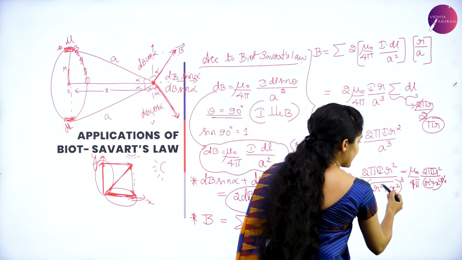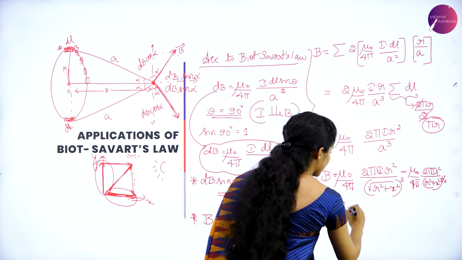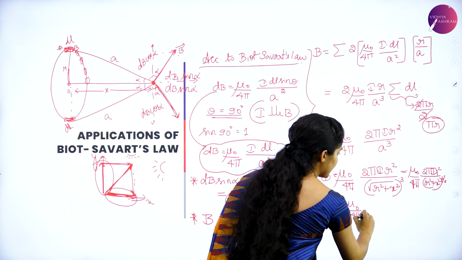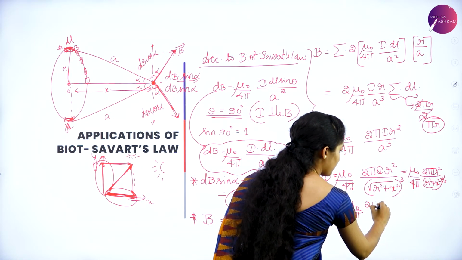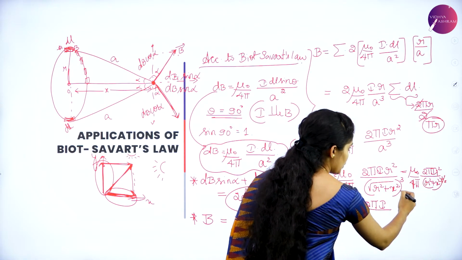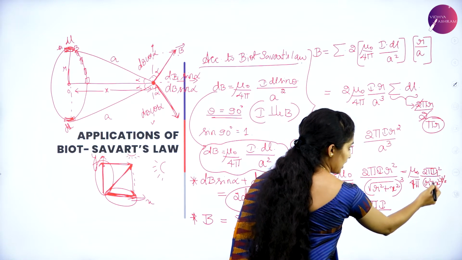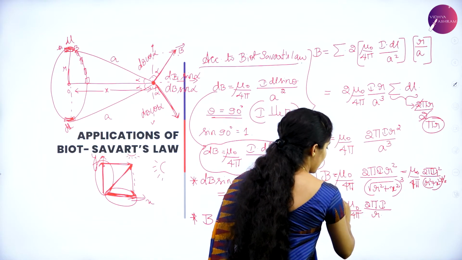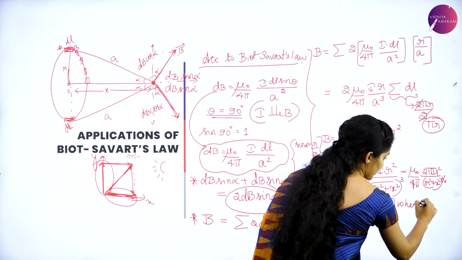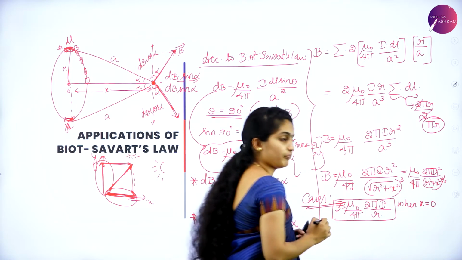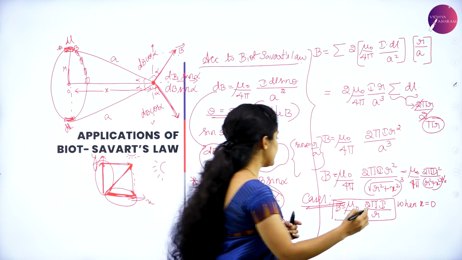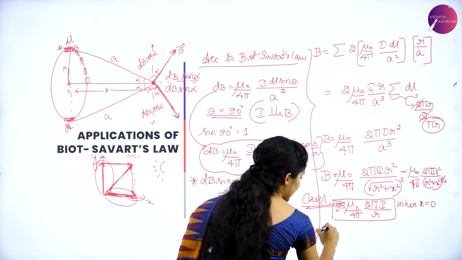If x is equal to 0, then B is equal to mu naught by 4 pi, 2 pi I divided by r cube, and r square cancels, remaining is r. This is the equation when x is equal to 0. Suppose this loop has n number of turns, then you can write this as case 2.